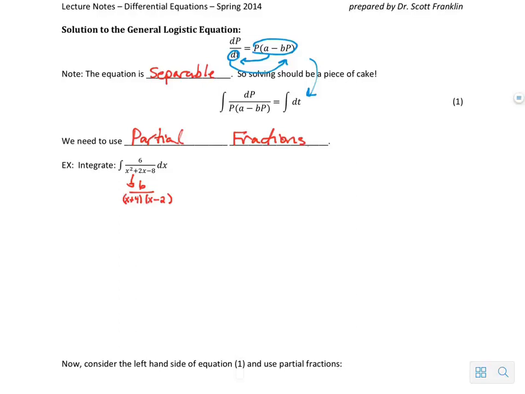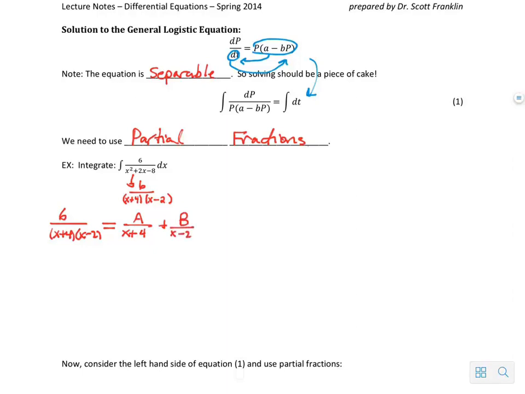So now, take 6 over (x plus 4)(x minus 2), and set it equal to something over the x plus 4 term plus something over the x minus 2 term.